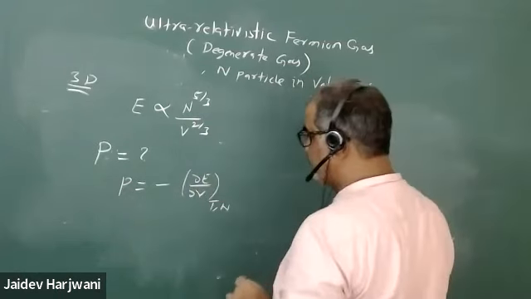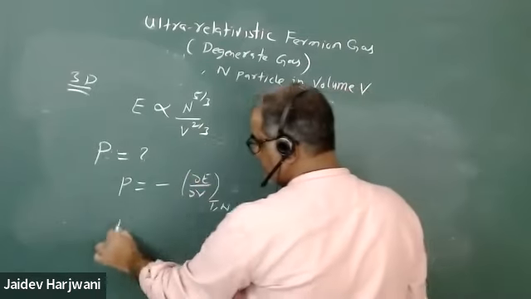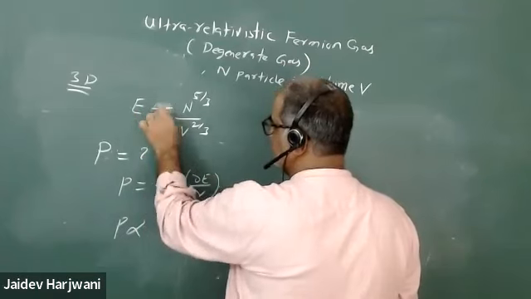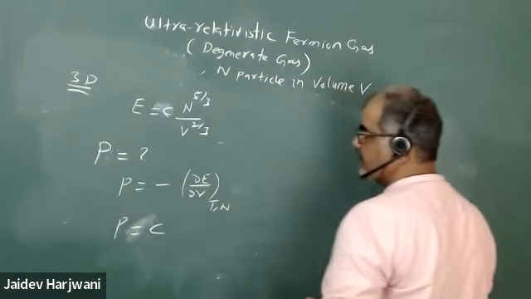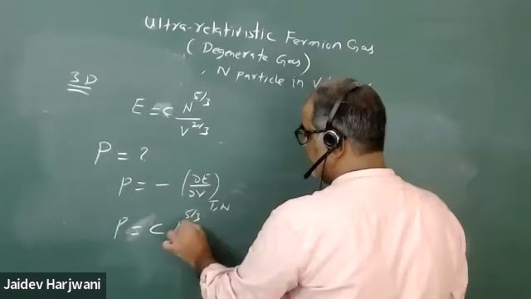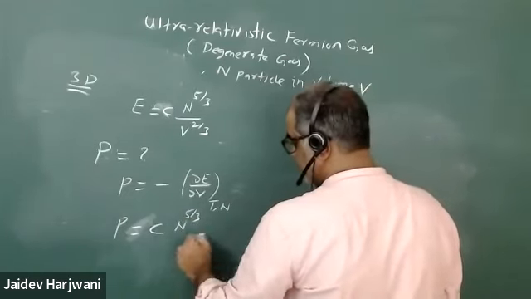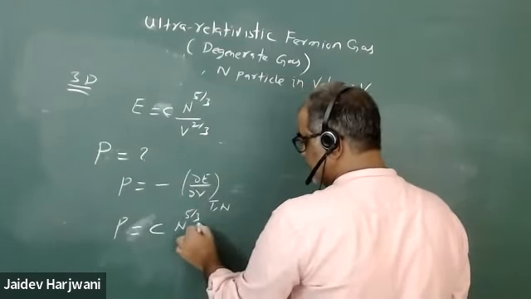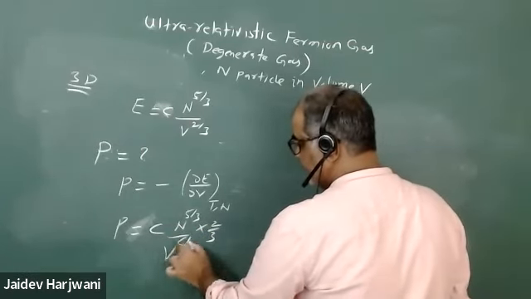This is already proportional, so I am only writing the proportional. There will be some constant C here. Now n power 5 by 3, and if I differentiate V, minus 2 by 3 will come, and V will become V power 5 by 3.